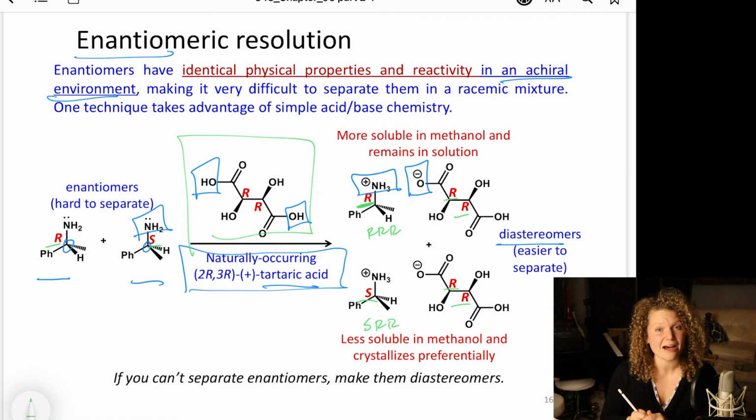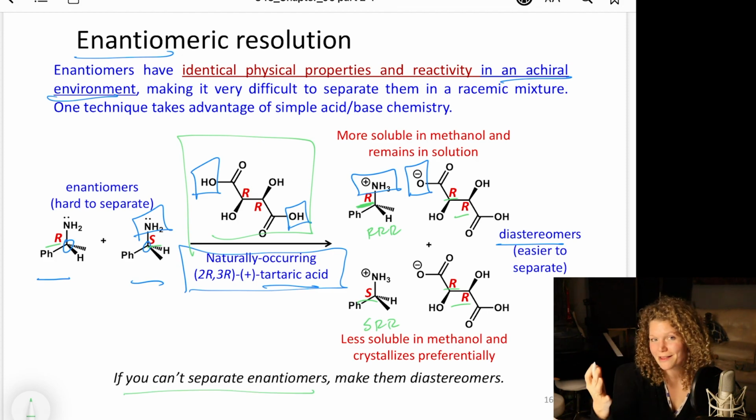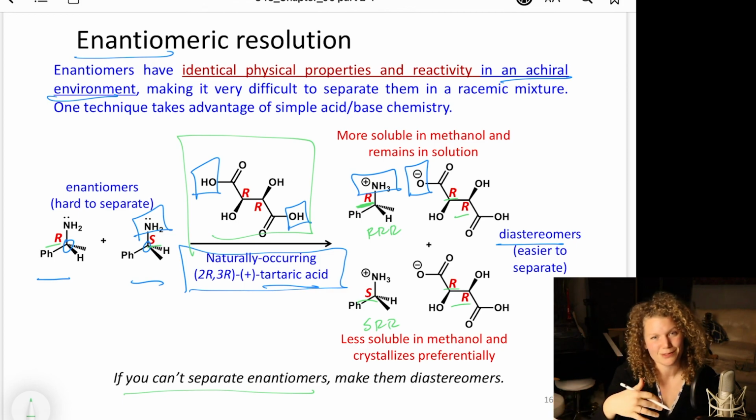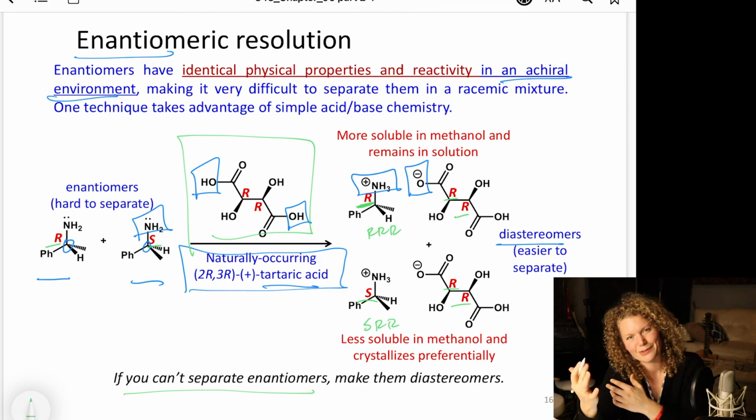That means that they have different chemical and physical properties, which actually allows us to separate them by recrystallization. So this is one of the ways that we can separate enantiomers: we just make them pseudo-diastereomers.